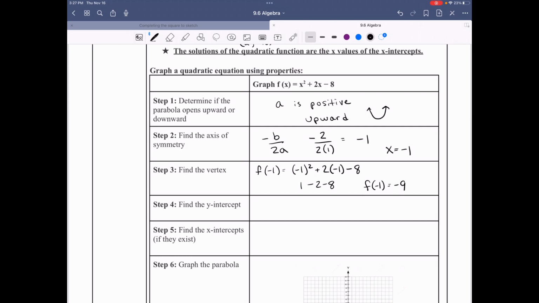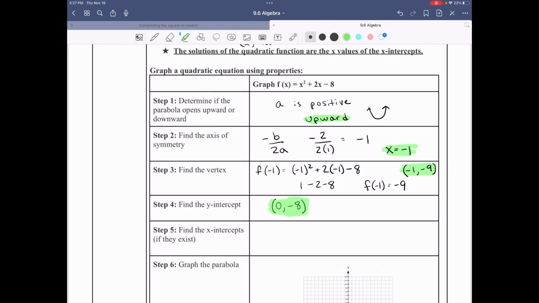So the vertex is negative 1 comma negative 9. These are the important features of the properties. Find the y-intercept. We find the y-intercept by plugging in 0 to x. So the y-intercept is 0 comma negative 8.